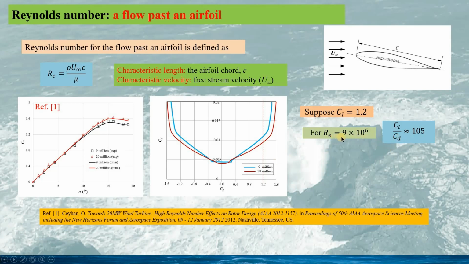For the Reynolds number at 9 million, the ratio would be 105. For the larger Reynolds number at 20 million, the ratio would become 130. This is an increment of 23.8%.